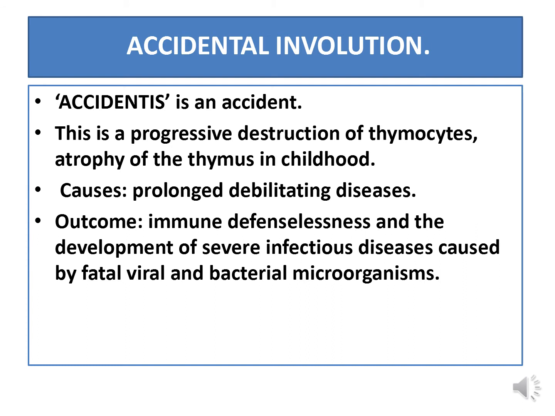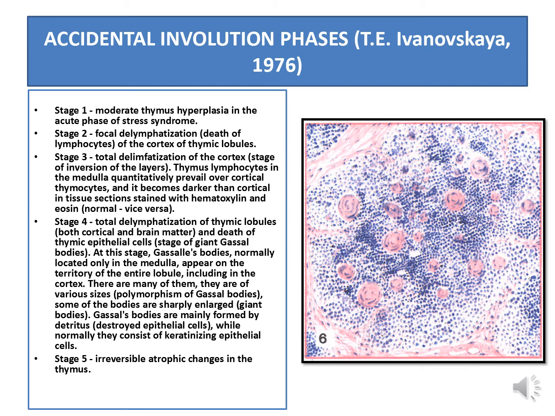Causes of such pathology are various prolonged debilitating diseases, and the outcome is immune defenselessness and the development of severe infections, diseases caused by fatal viral and bacterial microorganisms. There are a few stages of involution.